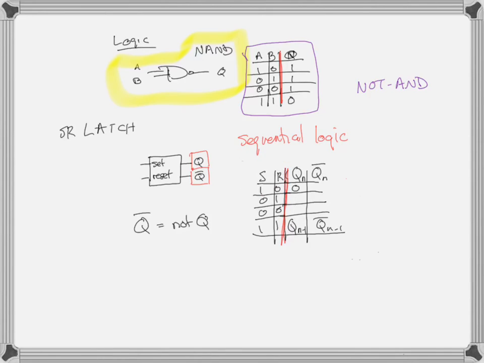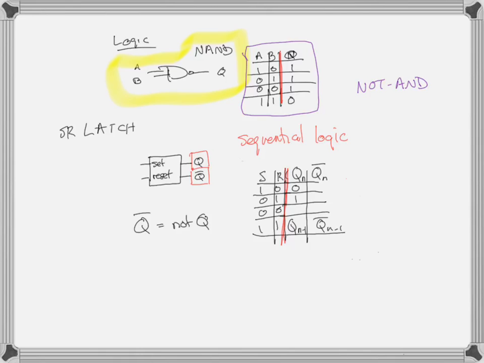So if set is 1 and reset is 0, then that's setting the output to be 1. And if set is 0 and reset is 1, then the output is 0, and so that's basically a single memory bit.